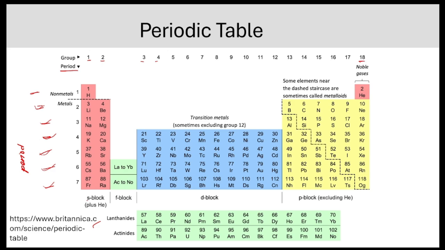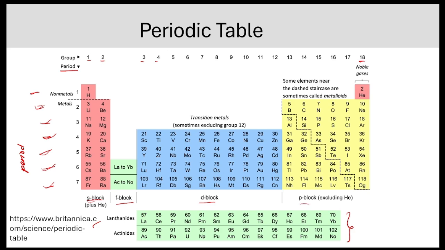We can also see the first two groups here. This is the S block, and we also have this F block here, and these lanthanides and actinides are separated from here to make the periodic table easier to read. And then we also have the D block. All this blue section is the D block, and the yellow section is the P block.